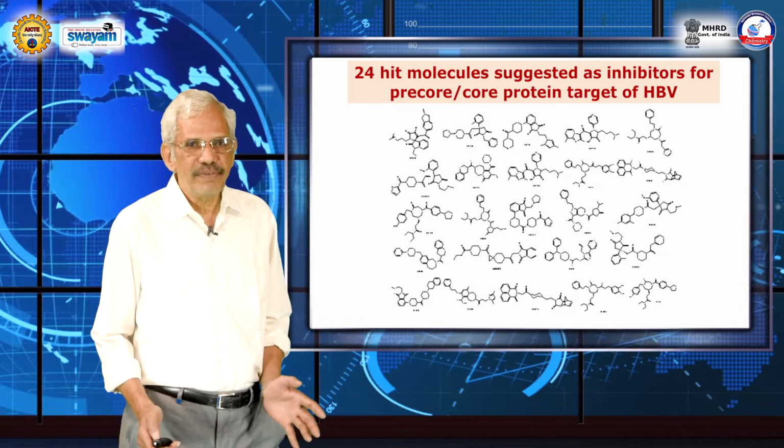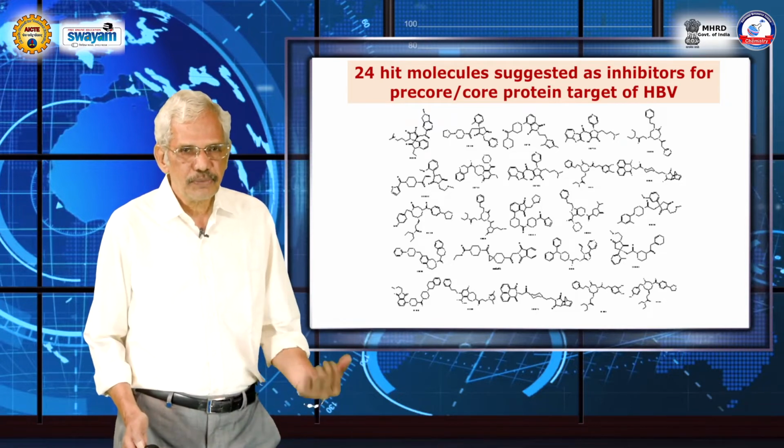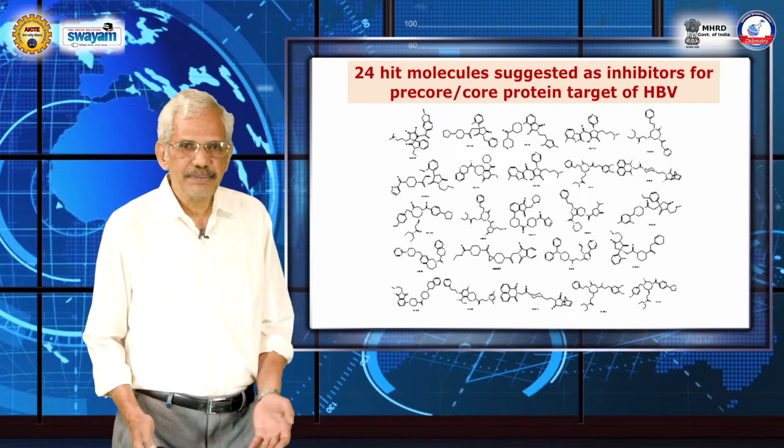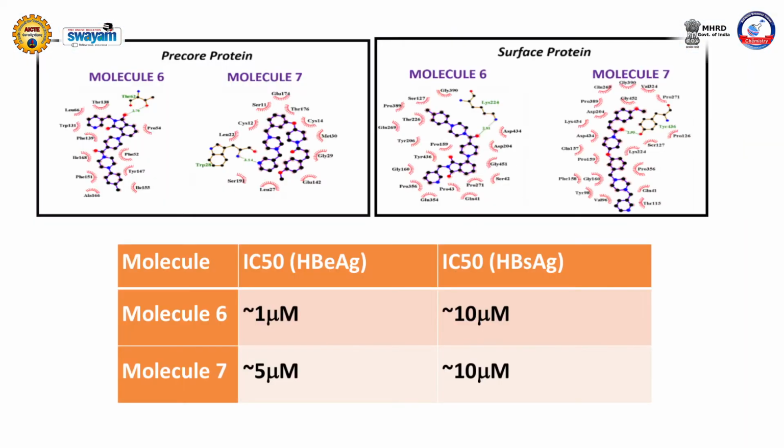I shortlist a few of them for procurement or synthesis, and then ask my biology friend to test them. And luckily for me and my student, they procured the molecules, did the testing, and showed very good binding with the protein.